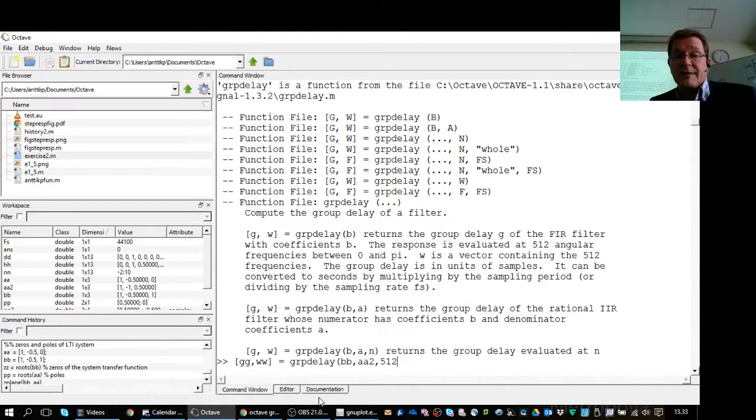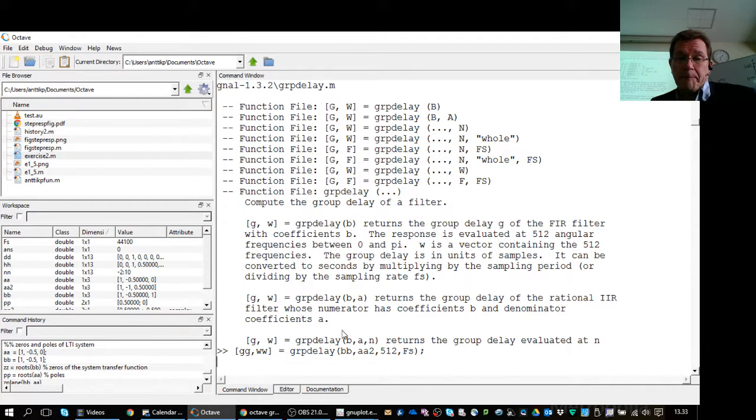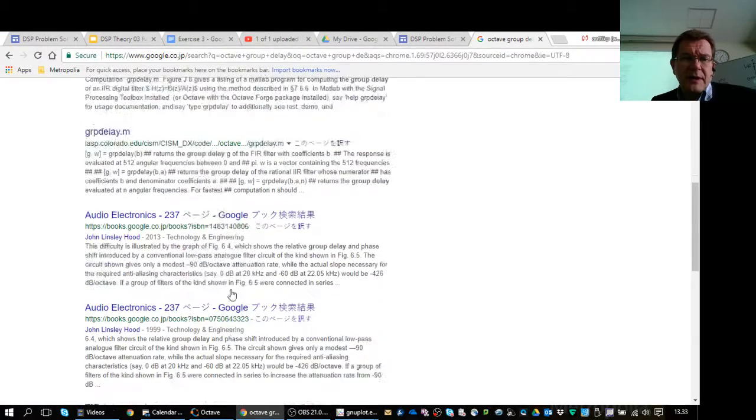Well, I think 512 points is plenty of points for this plot. And then just like that. Now I need to go back to that help. Do I have the help somewhere in here?